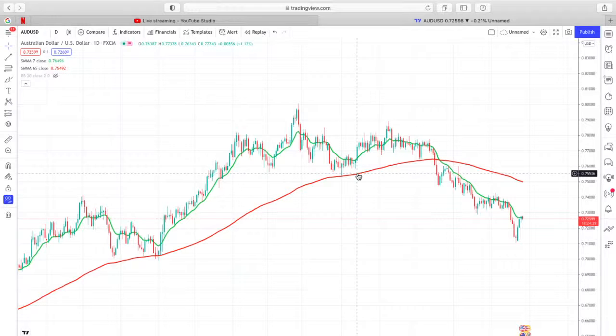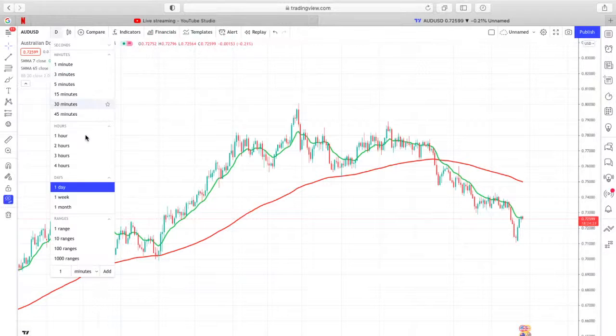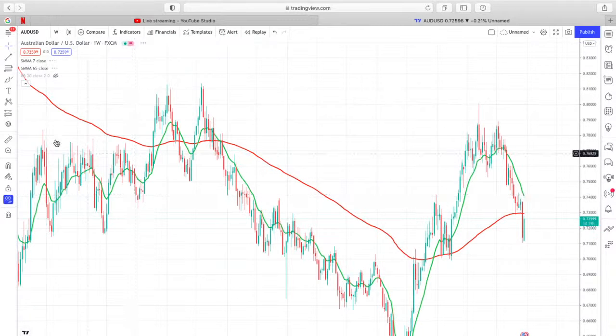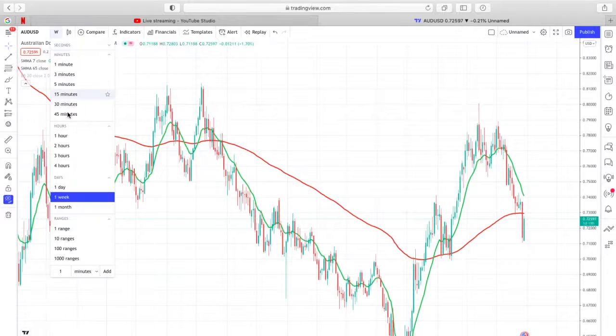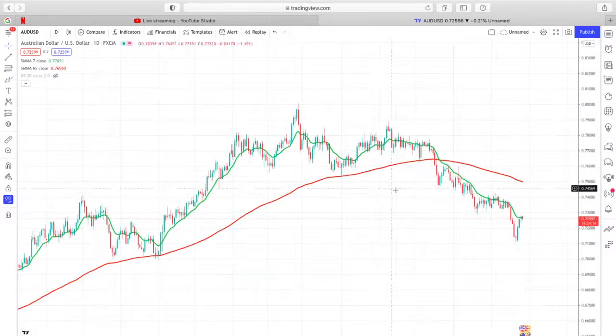So with the monthly 7 below the 65, the daily 7 below the 65, and the weekly 7 above the 65, I think that's telling us we may need 1 or 2 more confirmations. But I think overall the market is still shorting, trying to go down to lower prices. So let's flash down to a lower time frame to see some entries.